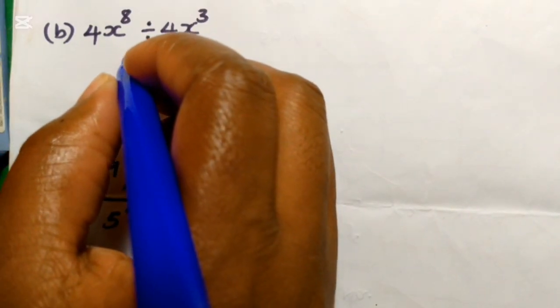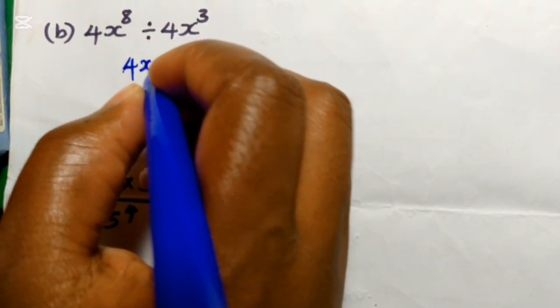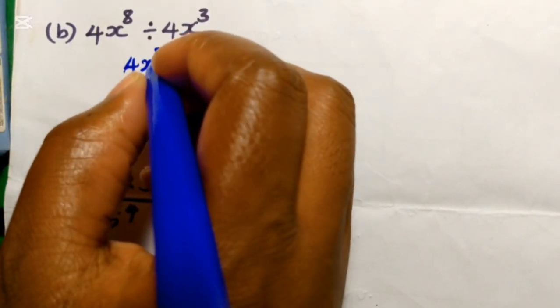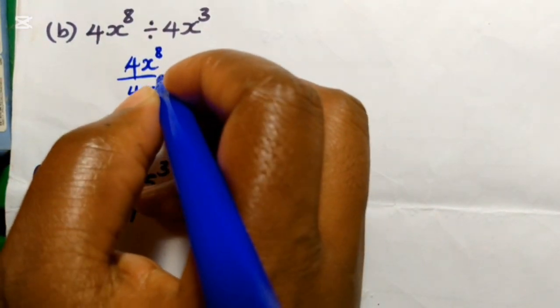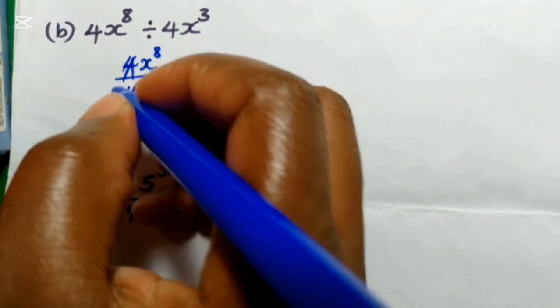This can be written as 4x power 8 over 4x power 3, and you can see the 4 will cancel because it is division.